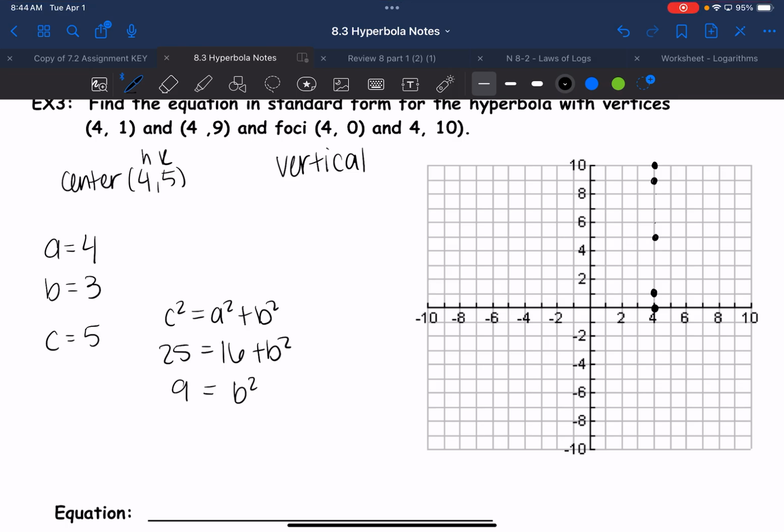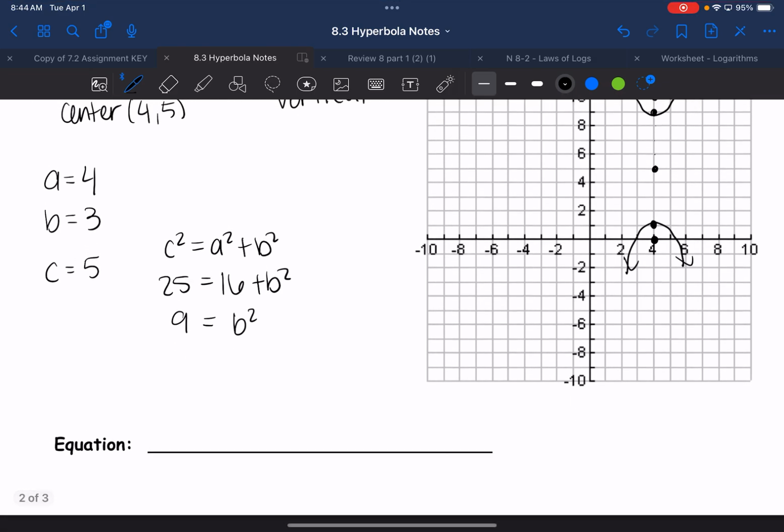Okay. So now it looks like we've got all the information we would need in order to come up with the equation. It's going to look something like this. We don't need the asymptotes to be able to write the equation, so we won't worry about finding them. That would just be an extra step. So we said that the y would be first, since it was vertical.